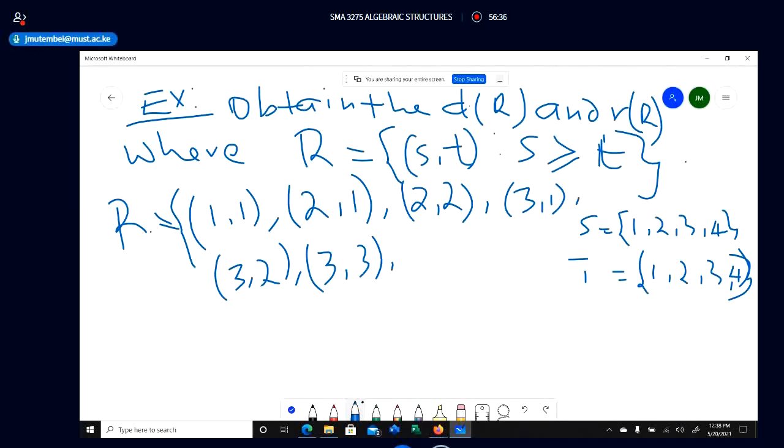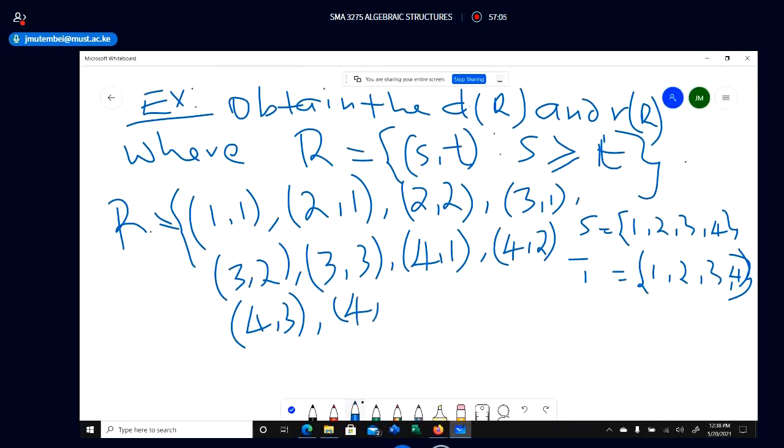Now, (3, 4) will not belong there because 3 is not greater than 4. (4, 1) will belong there. (4, 2) will belong there. (4, 3), again 4 is greater than 3. And also (4, 4) because 4 is equal to 4. So those are the ordered pairs we have in R.